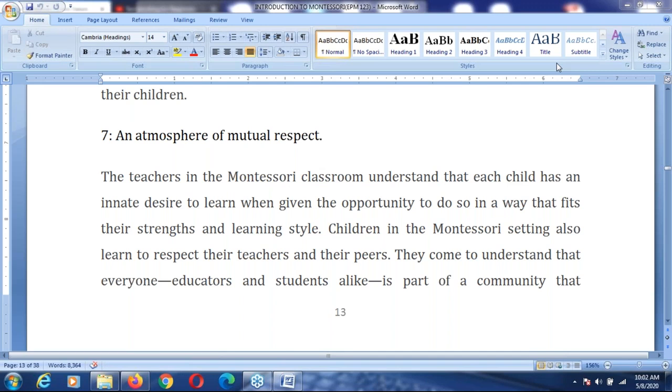So the teacher does not run the Montessori learners. The learners guide the activities they do throughout the day. This encourages them to share and work cooperatively to explore the various stations in the classroom.